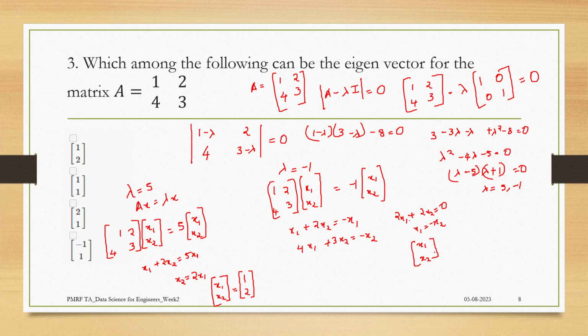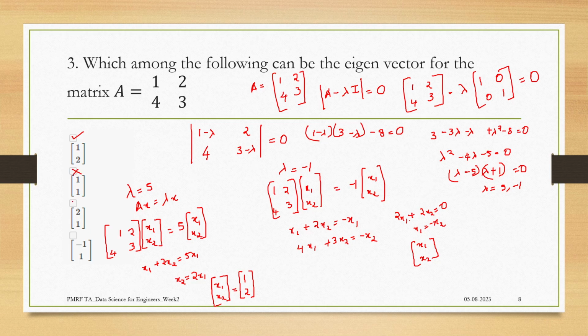So you can find out from the options. You have decided that 1, 2 is one of the options. Then 1, 1 won't be coming because x1 equals minus x2. So if x2 is 1, x1 cannot be 1. Then 2 comma 1: if x1 equals 2, then x2 should be minus 2, so this is false.